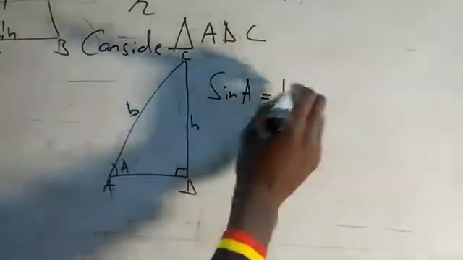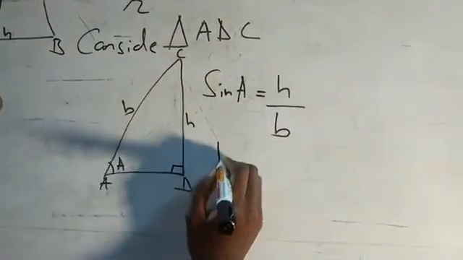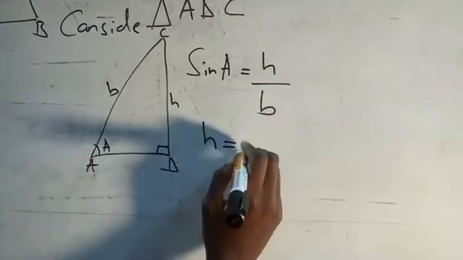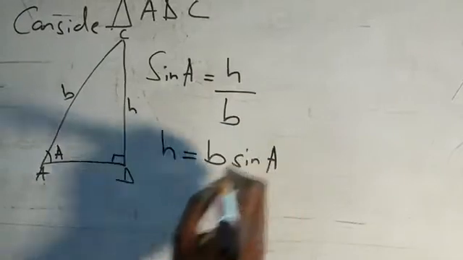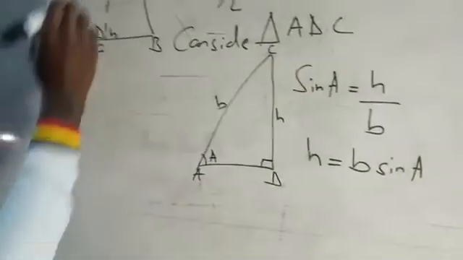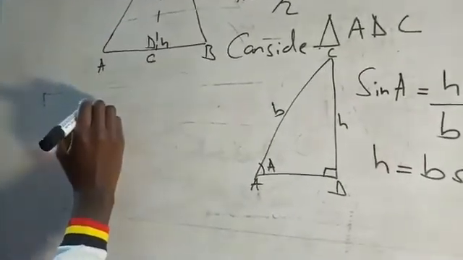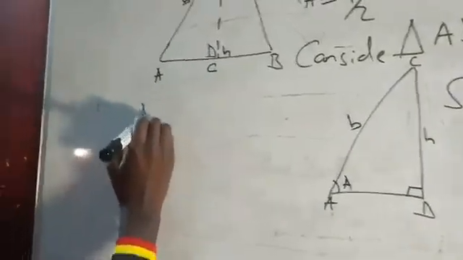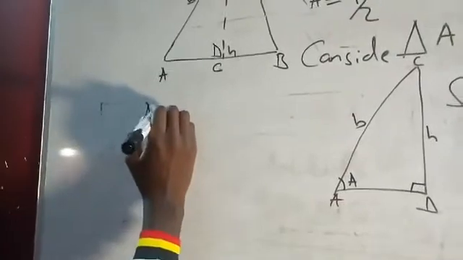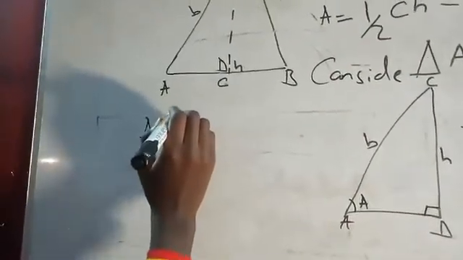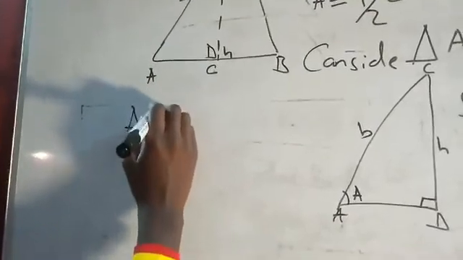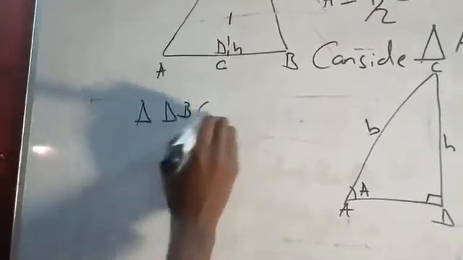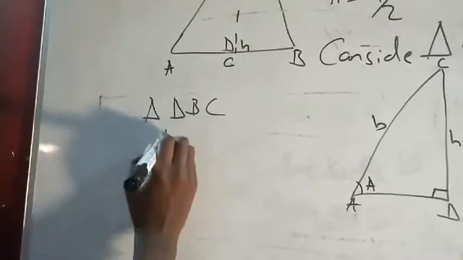On getting H alone, it will be H equals B sine A. Let's also consider triangle DBC, which looks like this.